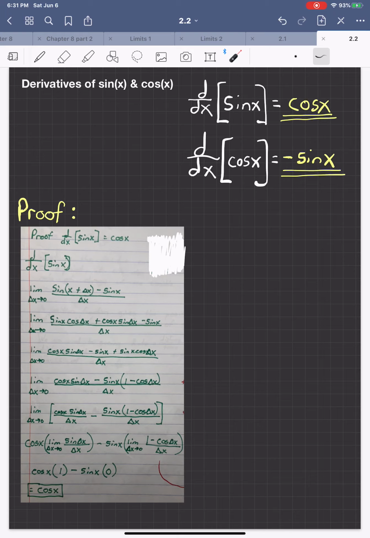Now this next step, the way that we go from here to here, is an identity that you would have learned in your trig course.